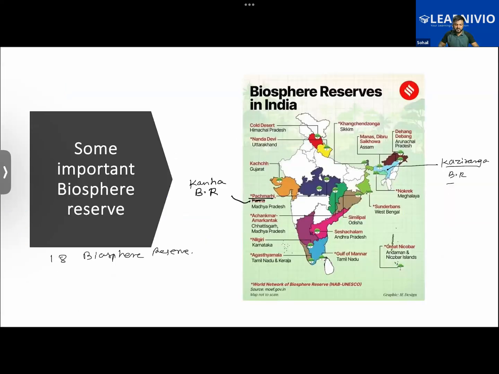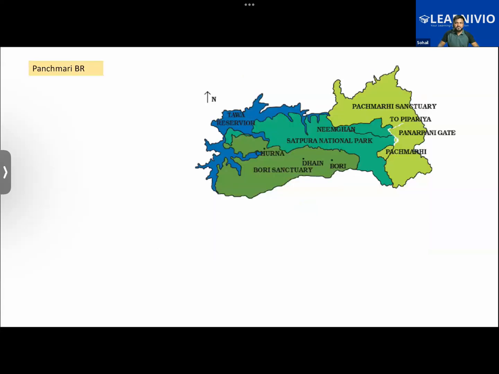Then we learned about some of the important biosphere reserves in India. We're going to learn in detail about the Pachmarhi biosphere reserve. It is given in your NCERT book as well, right? So the Pachmarhi biosphere reserve, which is in the Madhya Pradesh state of India, the biodiversity that is found in the Pachmarhi biosphere reserve is kind of unique.